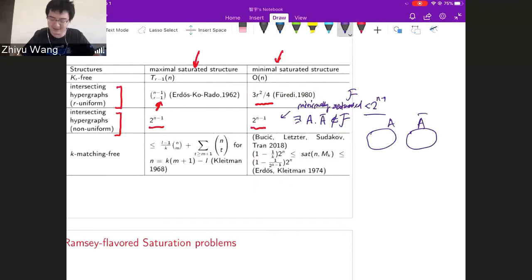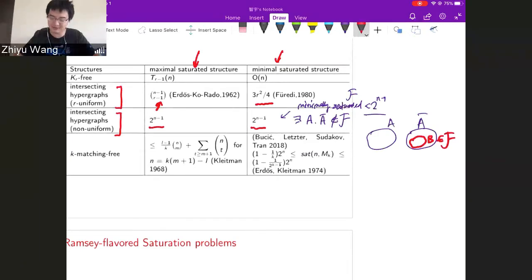It must be the case that if we add A into the set, we'll have a pair of disjoint sets. So there exists some B inside A bar, the complement, such that A and B are disjoint, and this B has to be in F. And for the same reason, why can't we add A bar into the set?